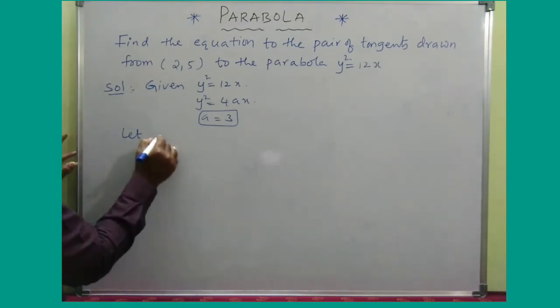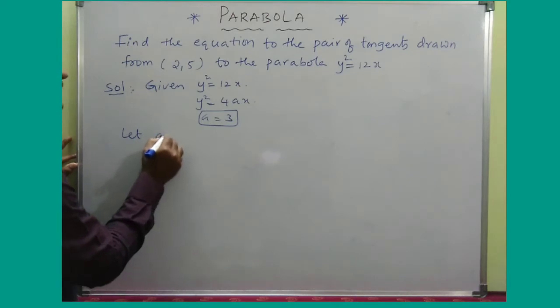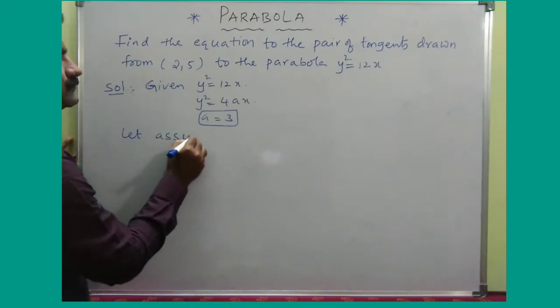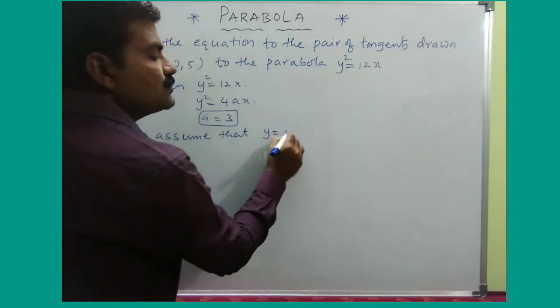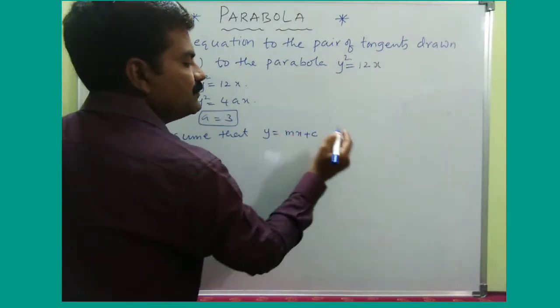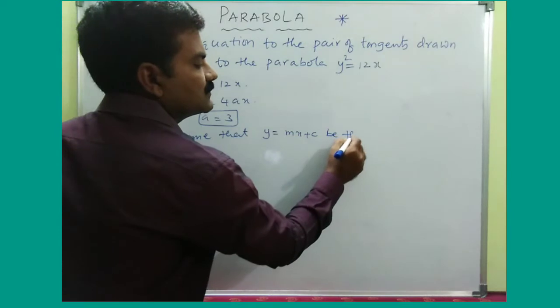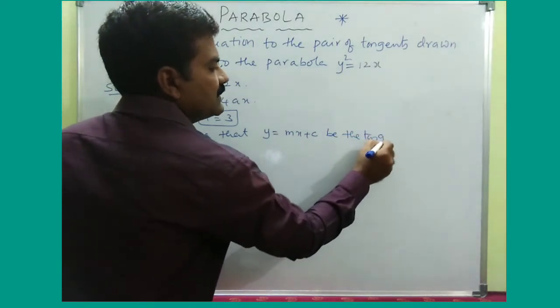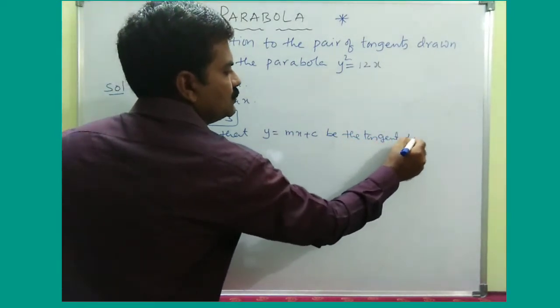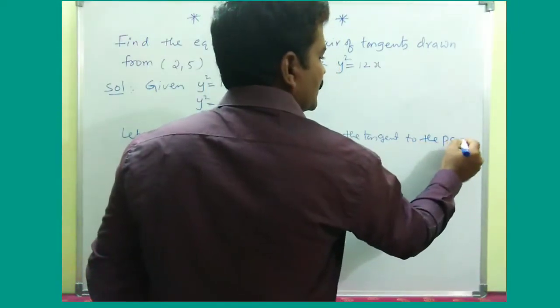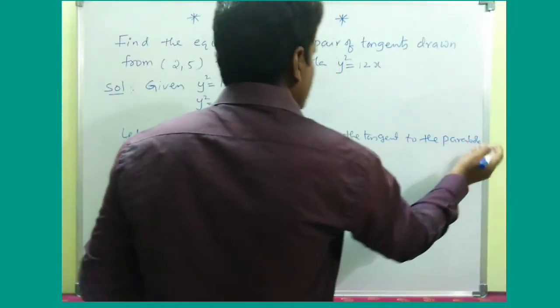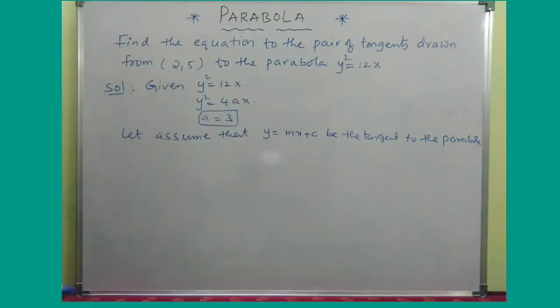So now let us consider some general tangent. Let us assume that y is equal to mx plus c is the tangent to the parabola. Generally I consider some line y is equal to mx plus c.